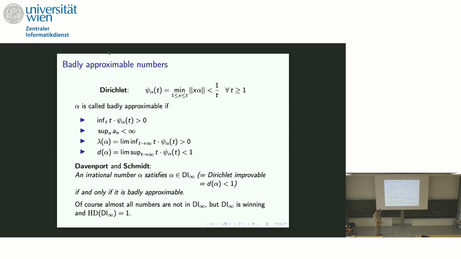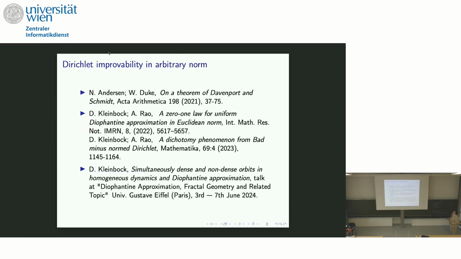The set of Badly approximable numbers has 0 measure, it has full Hausdorff dimension, it is winning in the sense of Schmidt's game, and these theorems may be generalized to higher dimensions, but I will not speak now about higher dimensions. I will continue with approximation to one number.